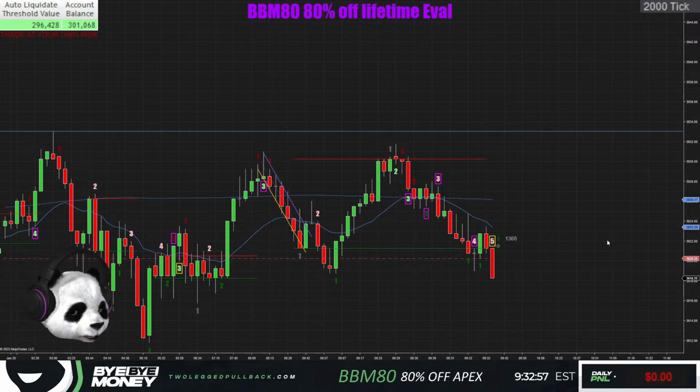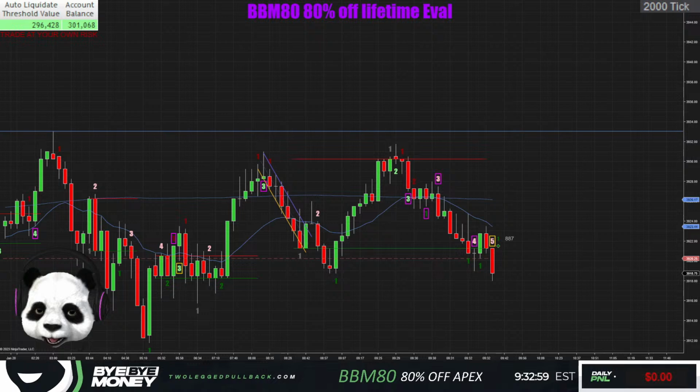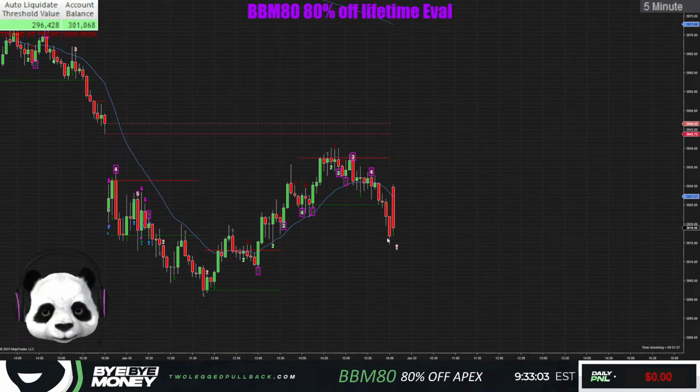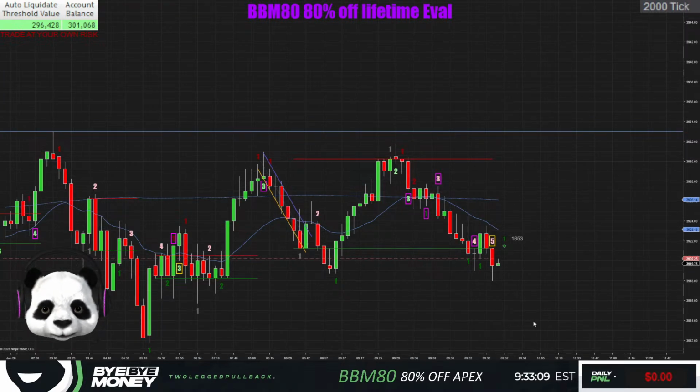Another push down. All right, filling the gap on the 5-minute chart. Little gap here. Previous day's lows here. We shall see what happens.